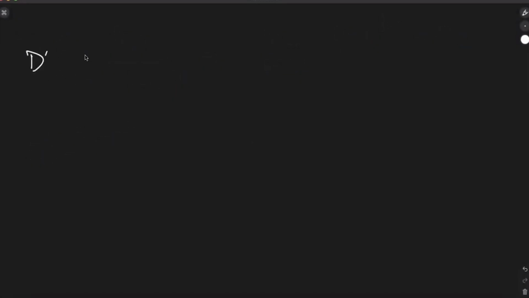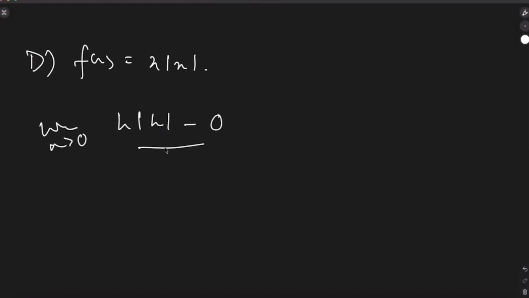Option D has been given x mod of x. So limit h tends to 0 of (h mod h minus 0) all divided by h square. So limit h tends to 0 of mod h upon h. Okay, so it will have two values.